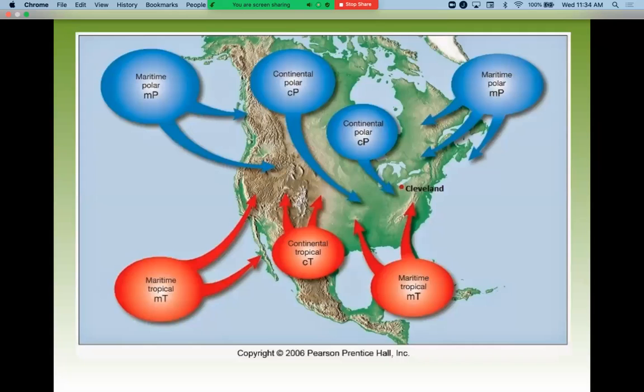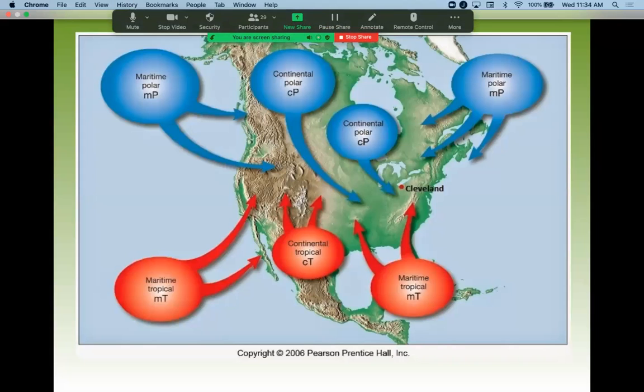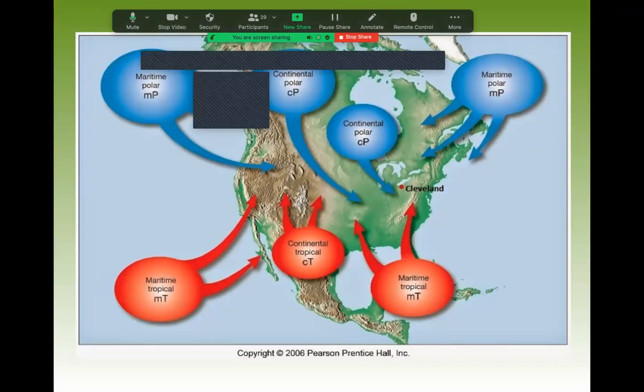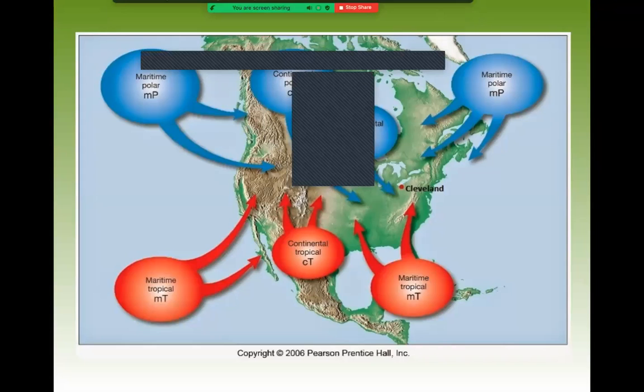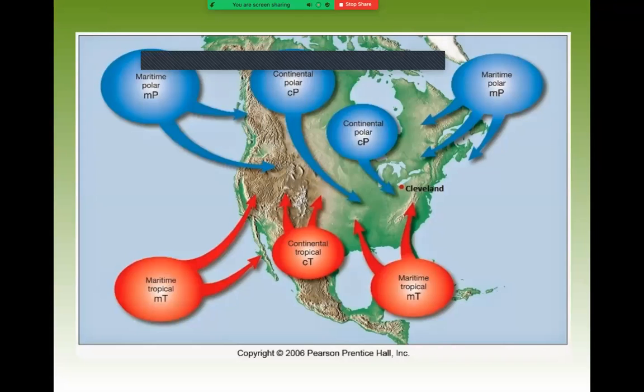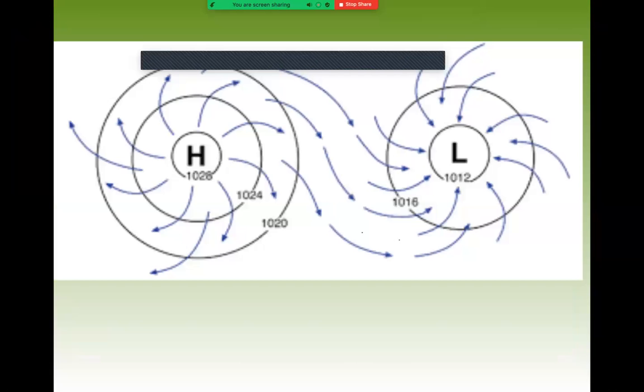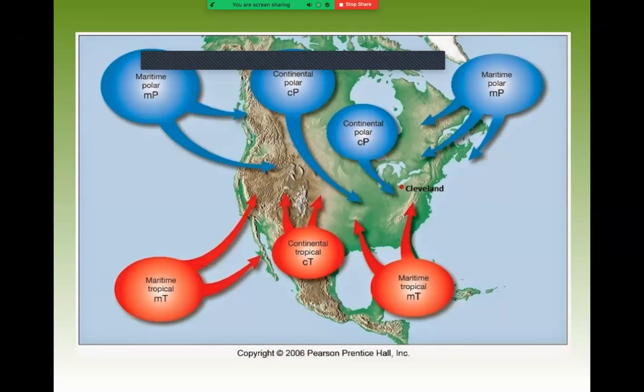The reason this is important to us, where's my annotation thing here? Okay. This is why it's important, everybody. I can do this in like a second here. Let's say you have a high pressure system for this one.